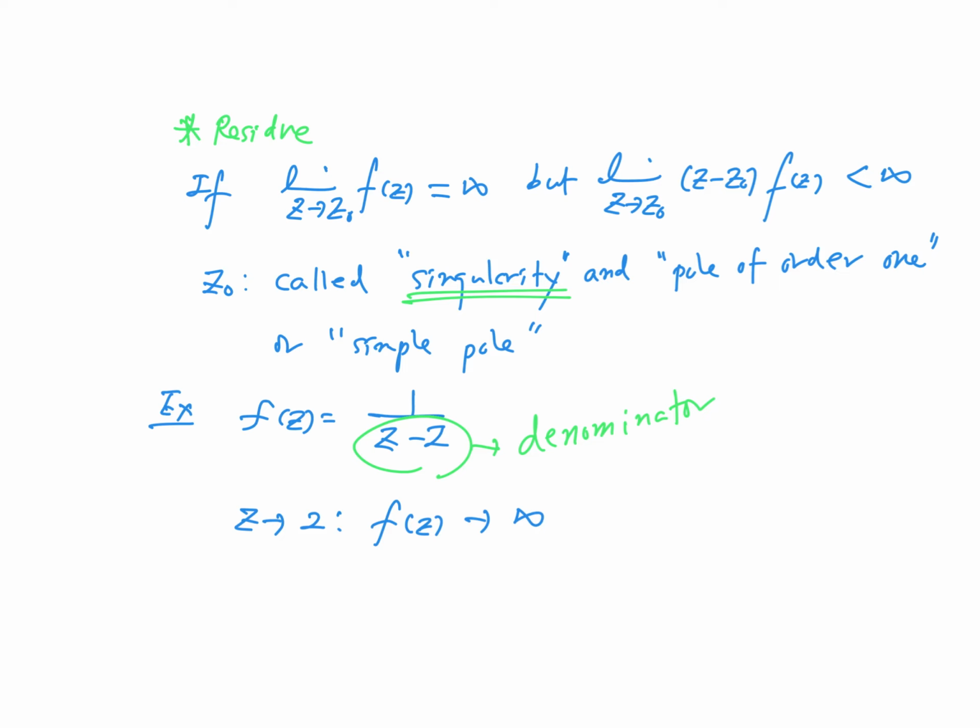Actually, it can be either plus or minus infinity. When z is 2 plus epsilon it is positive infinity, and when z is 2 minus epsilon it is negative infinity. So even if it is approaching infinity, it is a very extreme range. But anyway, it's a singularity.